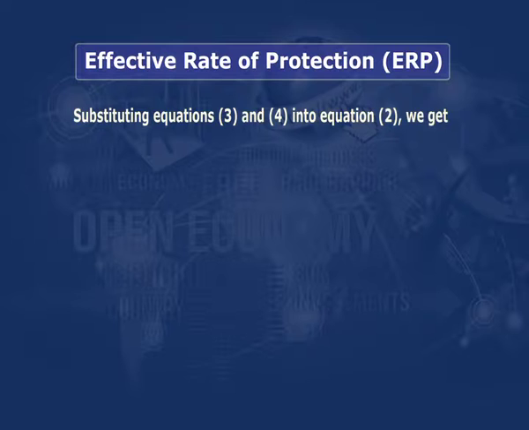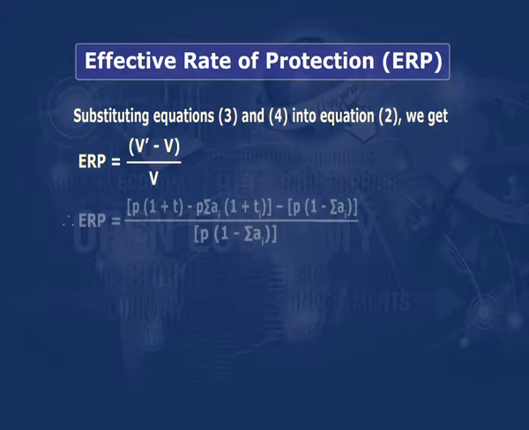Substituting equations 3 and 4 into equation 2, we get ERP equal to (V dash minus V) upon V. Therefore, ERP is equal to [P into (1 plus T) minus P summation Ai into (1 plus Ti) minus P into (1 minus summation Ai)] upon P into (1 minus summation Ai).